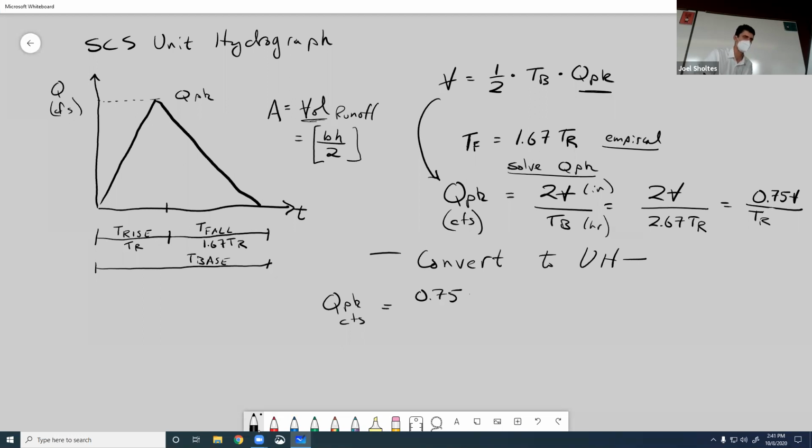We got 0.75 times volume, which is in inches, all over our time, TR, which is in hours. And we want to get it so that we can put in some areas and that sort of thing. So we're going to put 640 acres per mile squared.